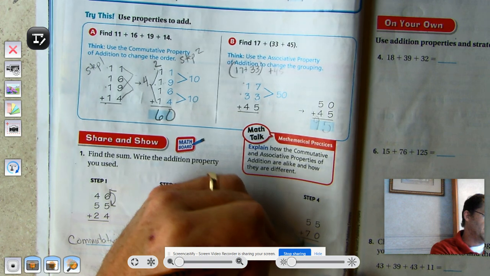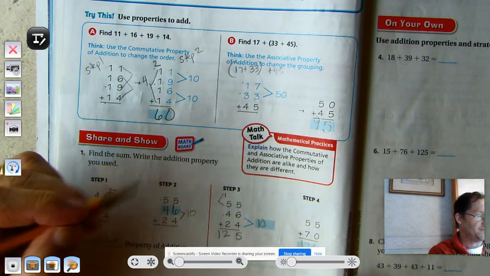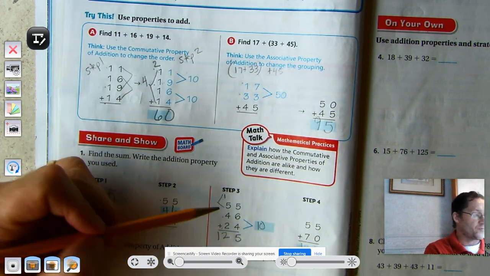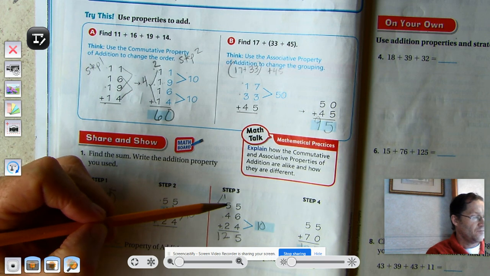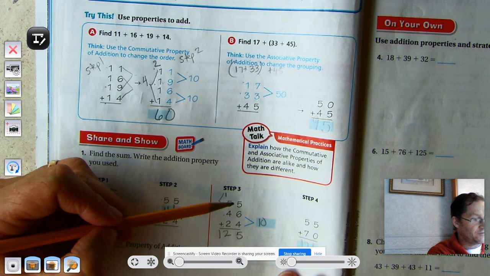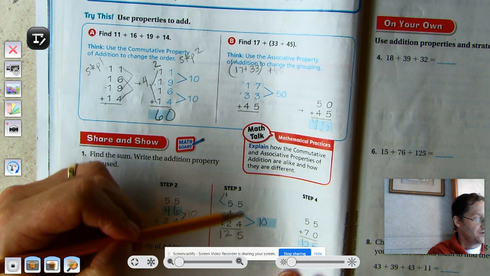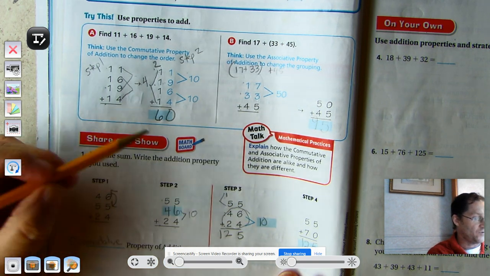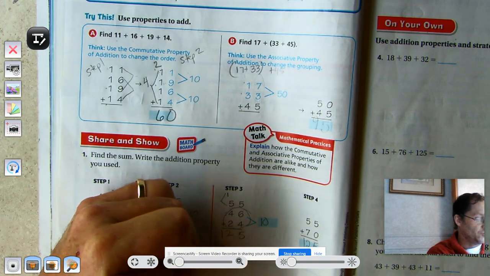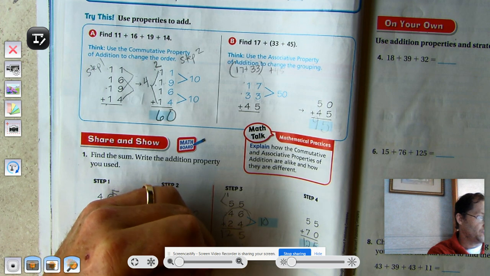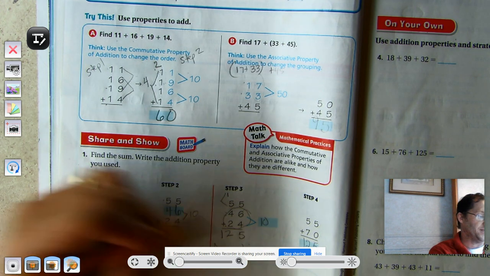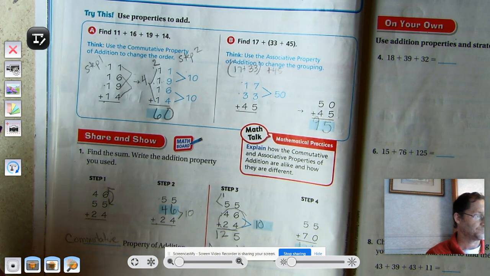So 125. In step 3, we didn't change the order, but instead of going 55 plus 46, we actually added that first. So we grouped them differently, and that's the associative property.